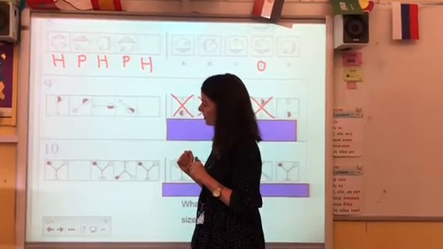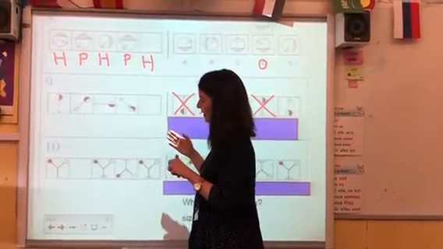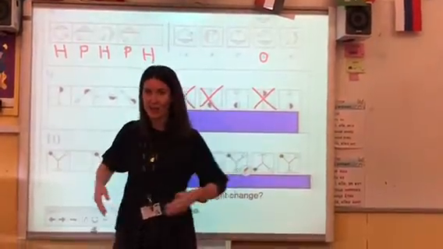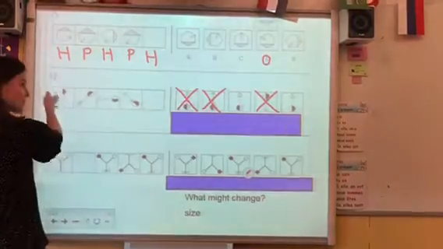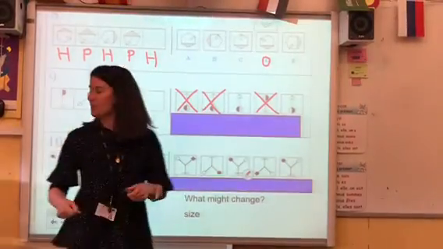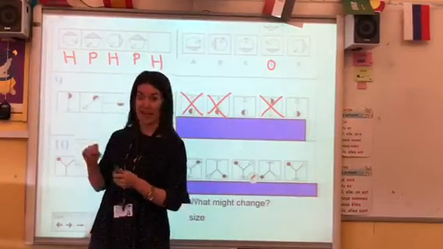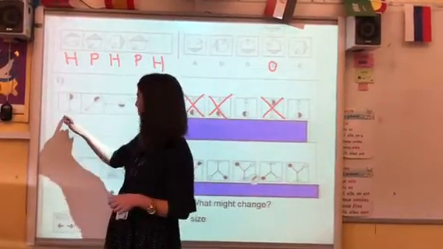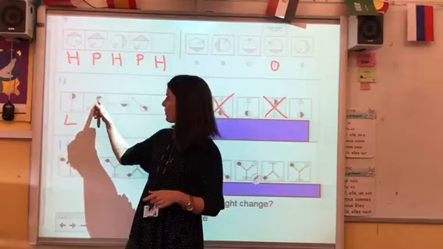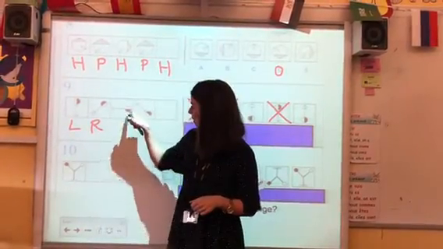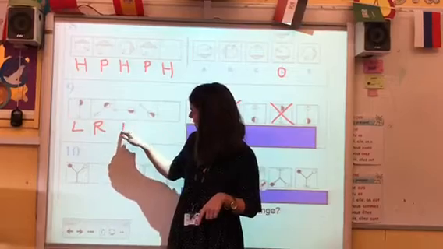Now, I'm going to look at this as if I'm facing this way. When I look at the board, the black side's on the right-hand side, but actually I'm going to be looking at it this way. So the black side is on the left-hand side. I'm going to write that on to help you. Then that moves over, so the black side's on the right-hand side. Then I go back in, it's on the left-hand side.